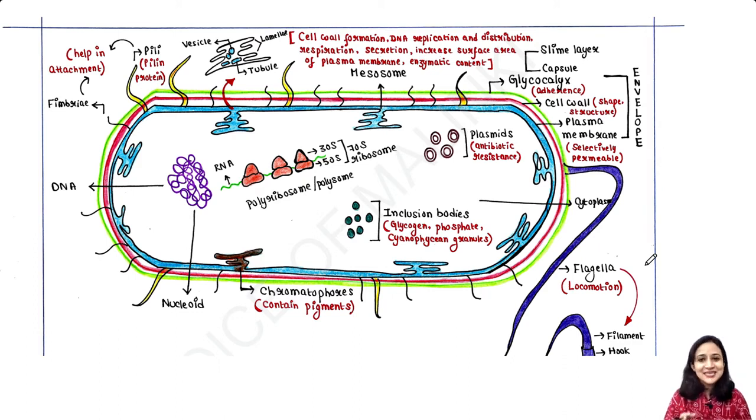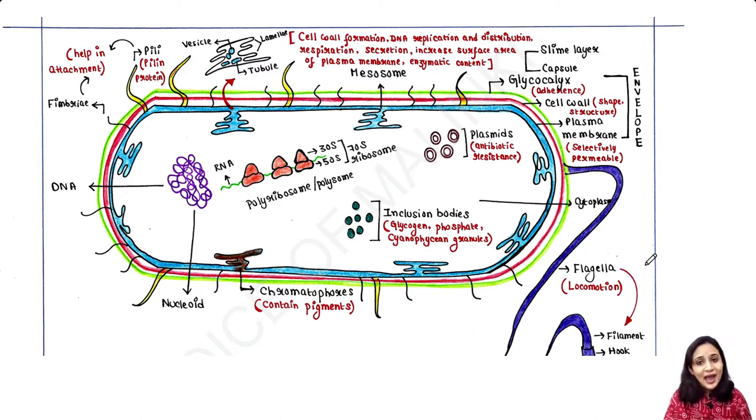Nothing is present in bacterial cell. This is the primary difference between prokaryotic cell and eukaryotic cell.